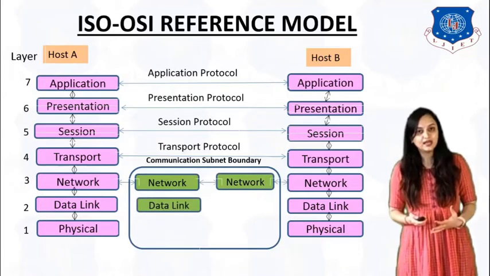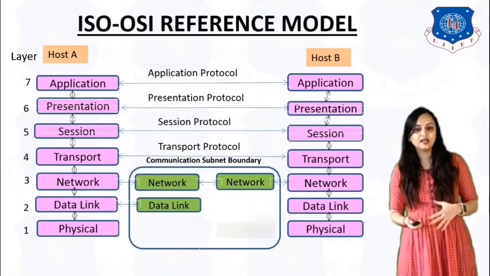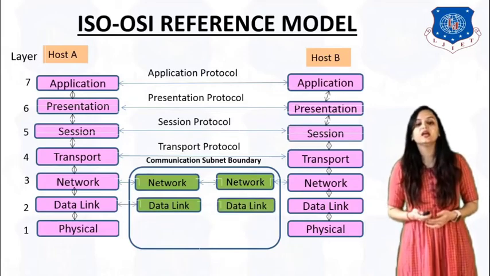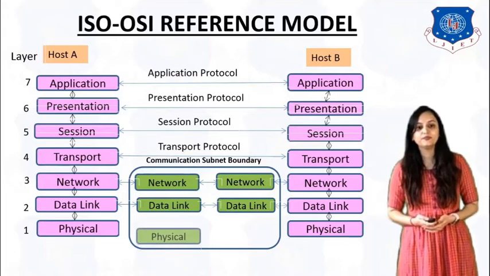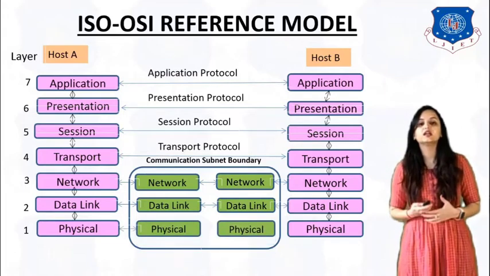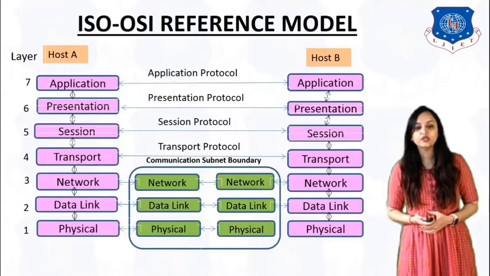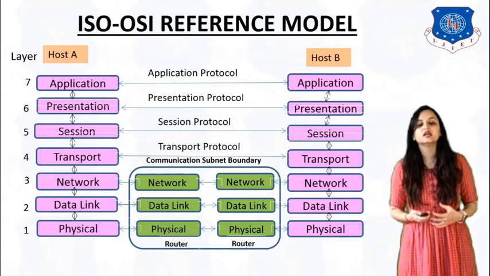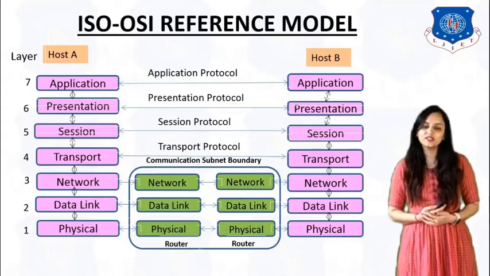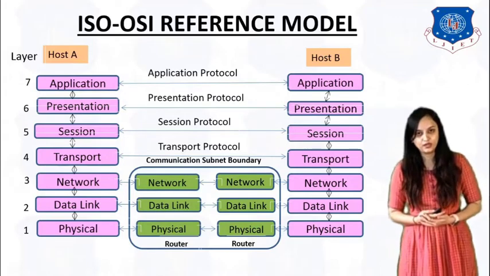Similarly, for the data link layer, the data link layer router protocols are there. And at the physical layer, there are physical to physical router protocols. So here are the different router protocols for the three layers: physical, data link and network.